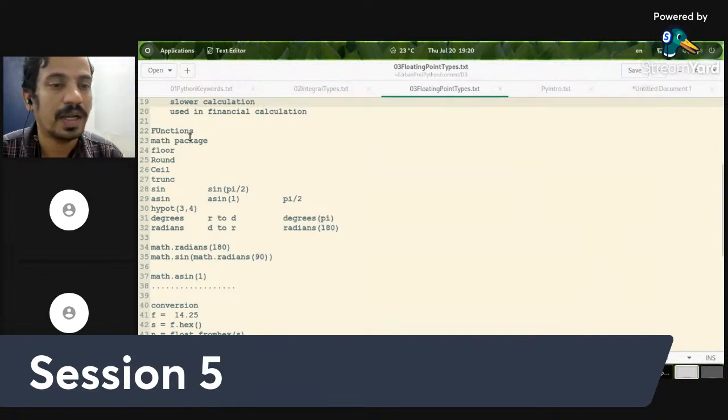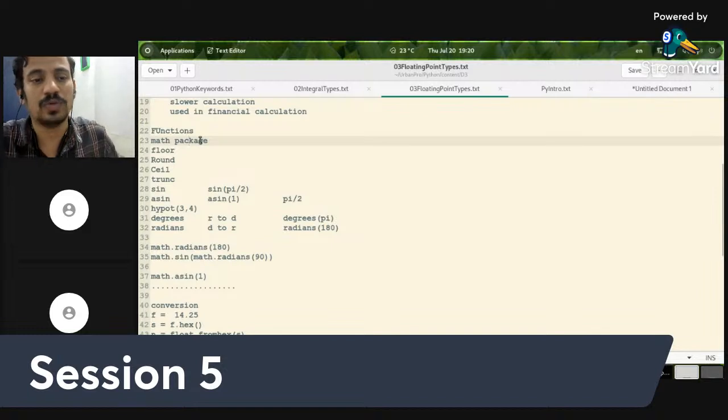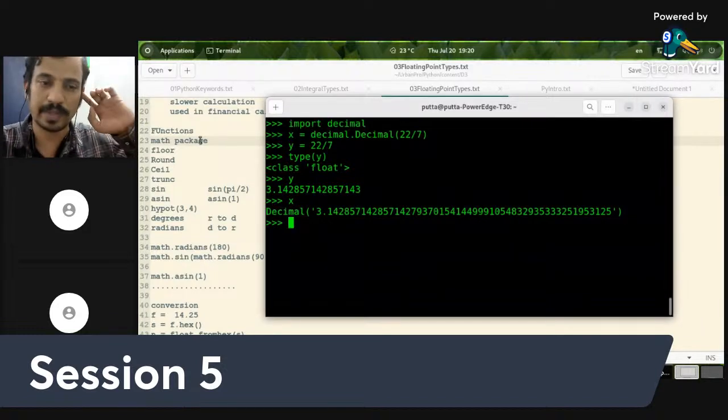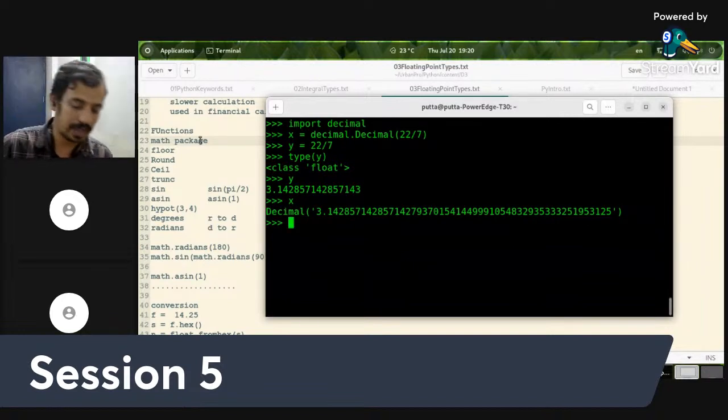Another thing is that constantly when you do programming, you try to do some commonly performed mathematical operations, like finding the sine of an angle, or doing a conversion from radians to degrees, or calculating the square root.